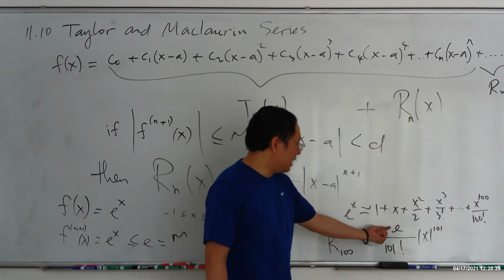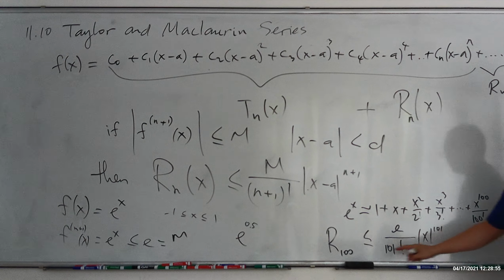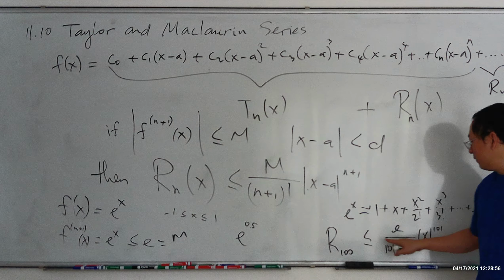What if I only use, actually in here I can only use 3 or 4 terms. So if I use 4 terms, okay, 1 plus x plus x squared over 2 plus x cubed over 3 factorial, to approximate, then my error is what? R4 would be e to the something, you don't know e yet, and e is 2 point something, so you can say less than or equal to 3. Okay, good. 3, you know 3, right? But if people argue, oh, what is e?